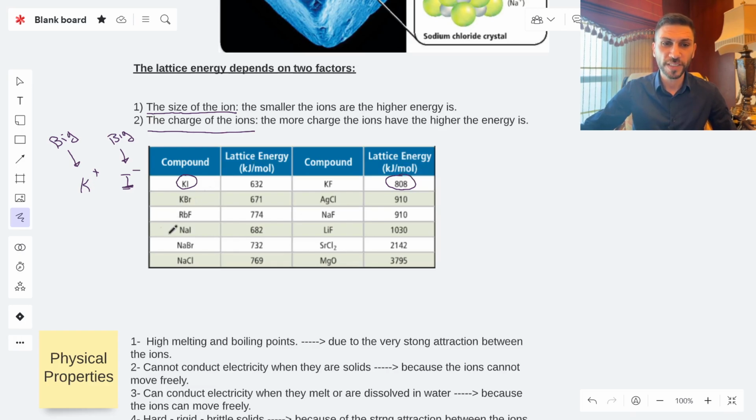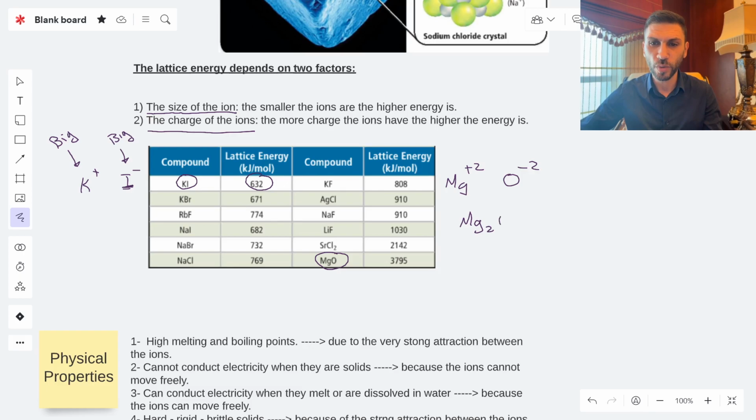But if you check, for example, NaF, sorry, this is for KF, this is for the KI. If you check, for example, MgO, because Mg is positive 2, not positive 1, and the oxygen is also negative 2, so it's going to be Mg2O2.